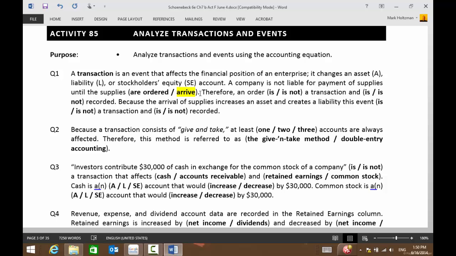Having an employee work for you with the understanding that you're going to pay them is a transaction. So when my dean said to me, teach this class, that was a transaction because I agreed to teach the class and the university agreed to pay me X number of dollars. That's a transaction because there's something going on each side. But an order itself is not a transaction because no one is committed to doing anything yet. So therefore, it's not recorded. We only record transactions.